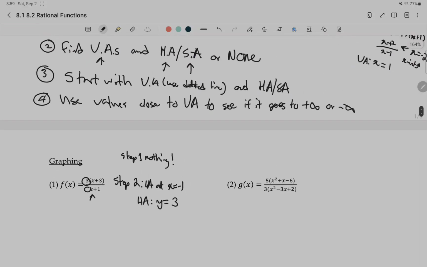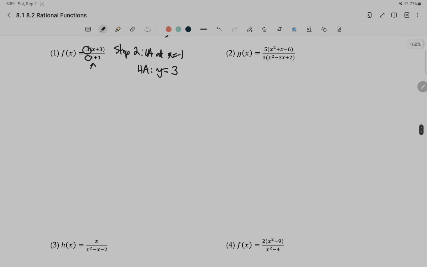All right, next step is to start the graphing process. So let's just graph this right here. It doesn't have to be too perfect. Draw your little arrows, and always do the check marks, the grid lines.